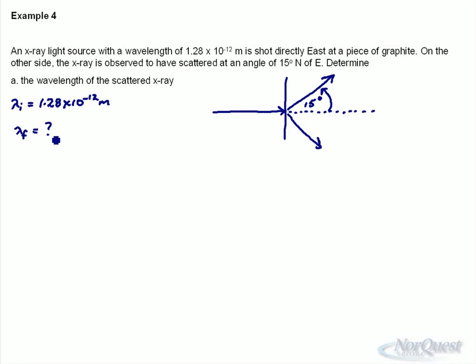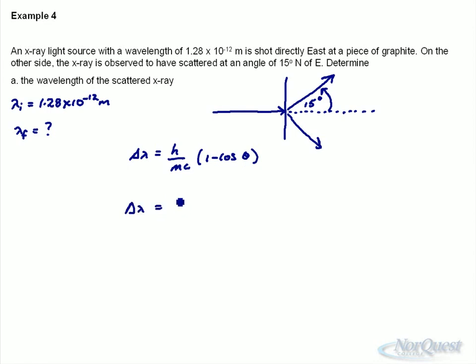Well, this is very similar to what we did in Example 3. We have the angle, so we can use the change in wavelength formula, change in lambda equals h over mc times 1 minus cos theta. Nothing different than what I asked you in Example 3.